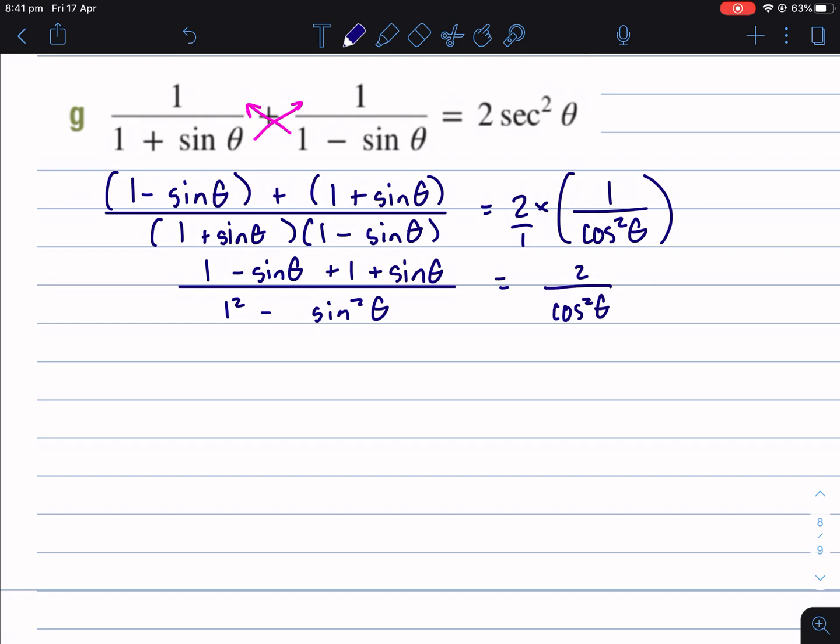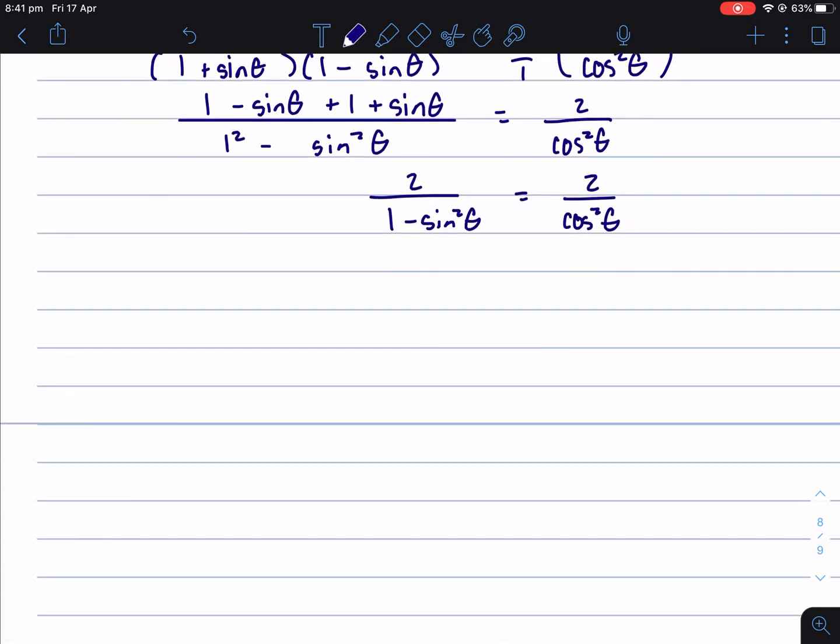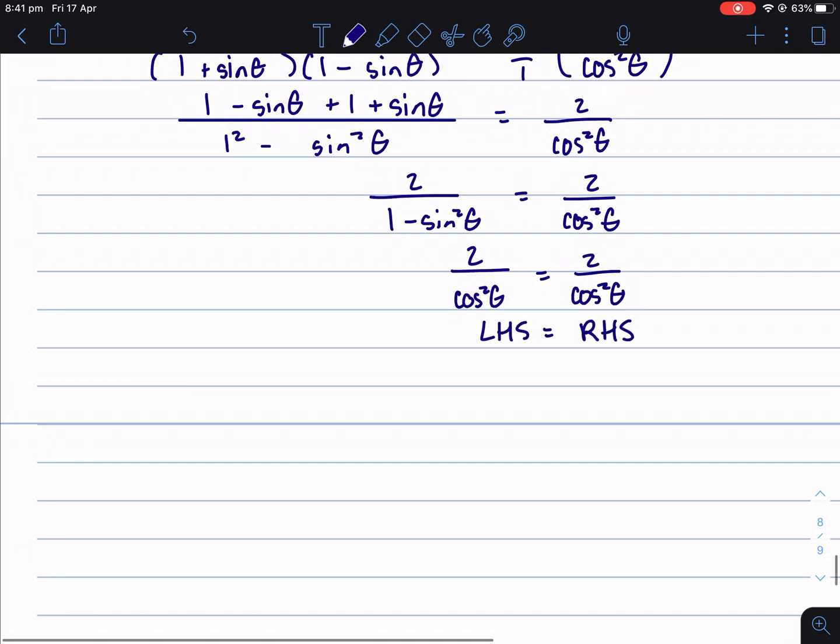Now the sine thetas cancel out, and 1 plus 1 is 2. So we get 2 on cos squared theta, and you should already recognize 1 minus sine squared theta is cos squared theta. Left hand side equals right hand side.